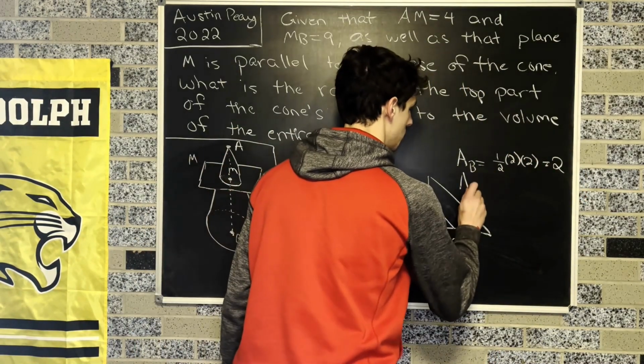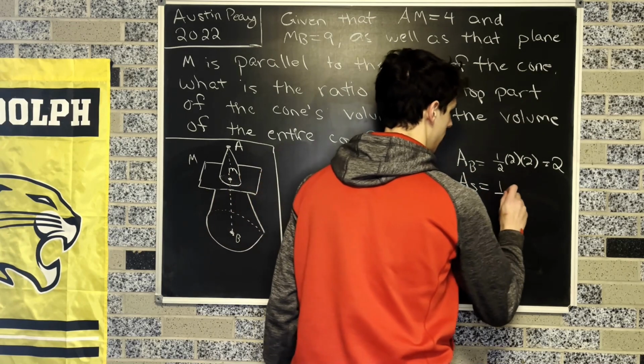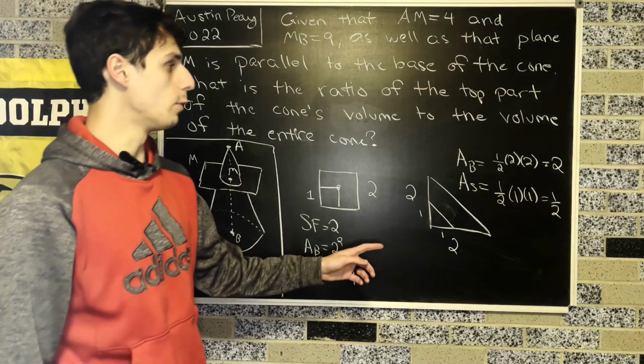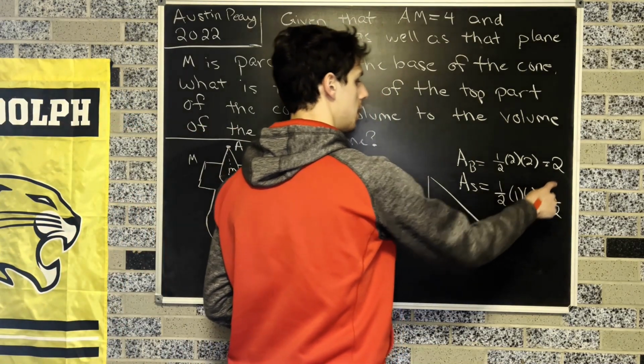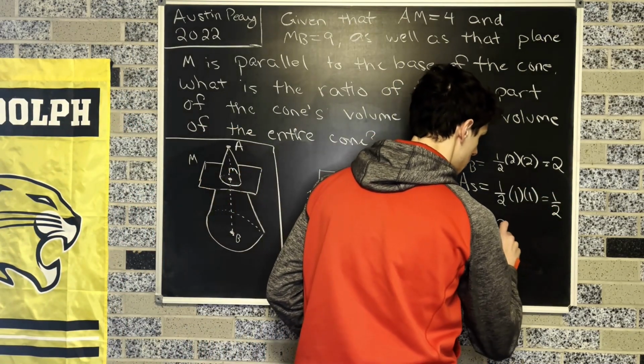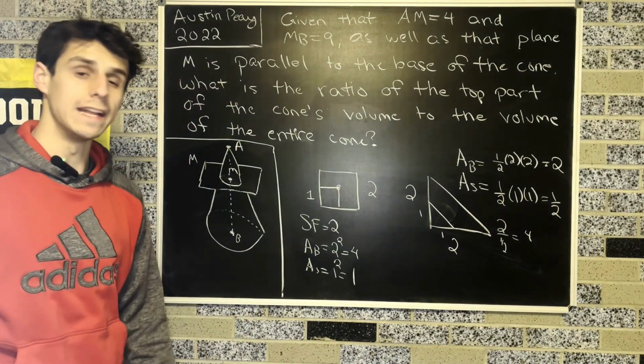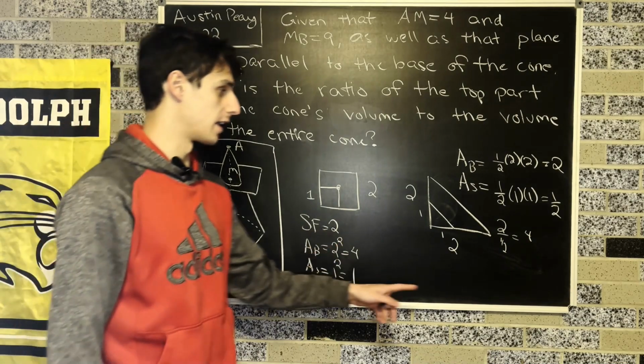And the area of the smaller triangle is 1/2 base times height, which is just 1/2. Now we can see that the ratio between the bigger triangle and the smaller triangle is 2 over 1/2, which is equal to 4, exactly the scale factor squared.